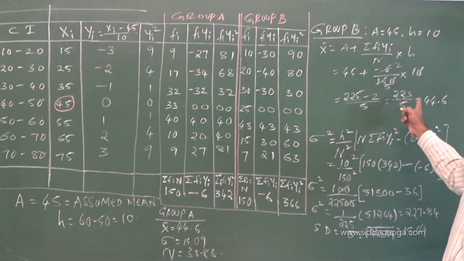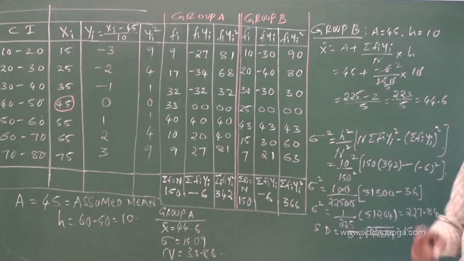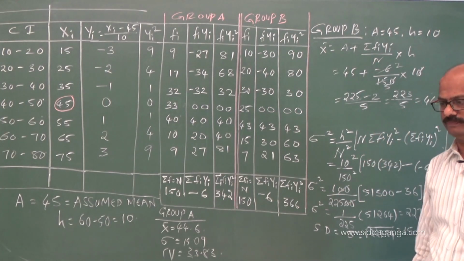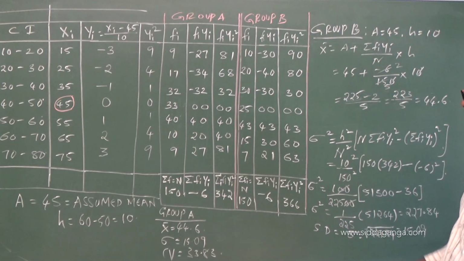Means for group A and group B remain the same. What is the mean? It is 44.6. So the mean remains the same. Now we will find sigma square.